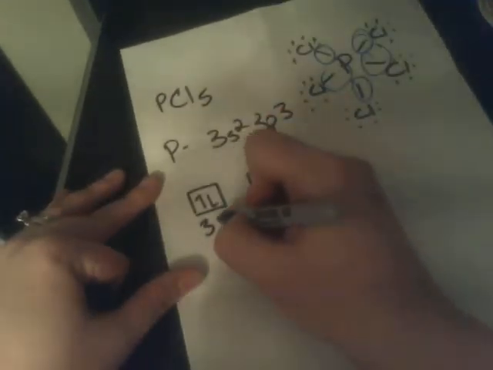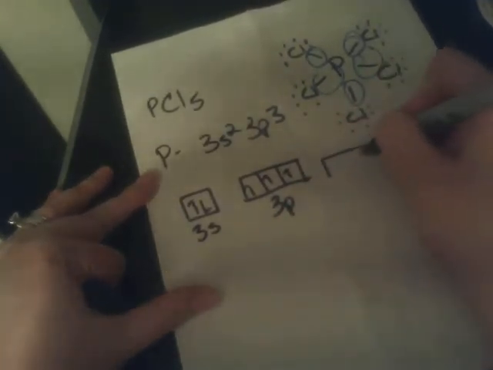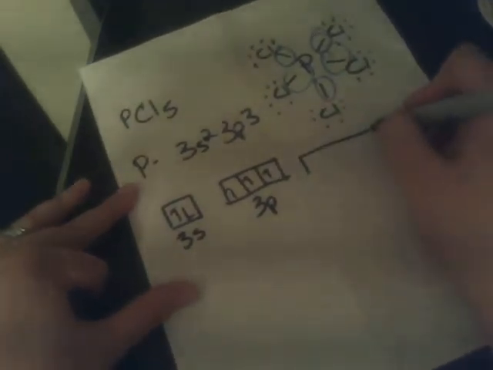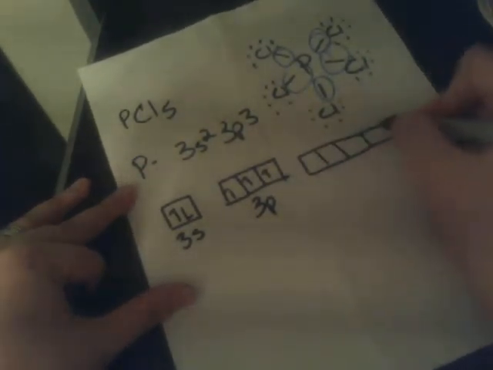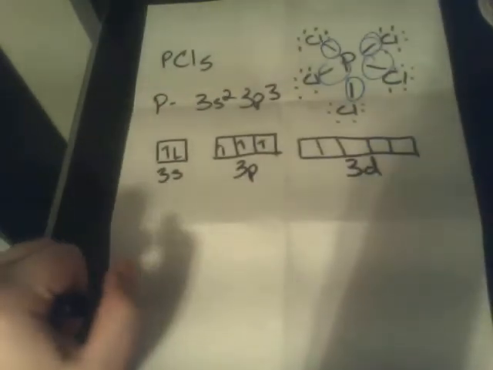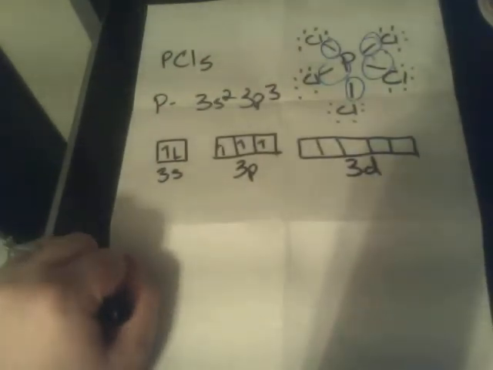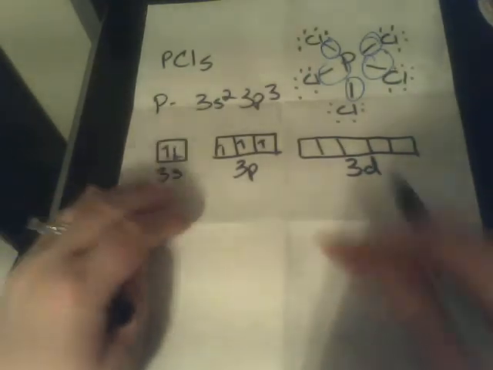Recall that this is our 3s and this is our 3p orbital. But what do things in the third row have that's empty? If you're playing our game at home, you guessed 3D, you're correct. So everything in the third row or below can have an expanded octet.